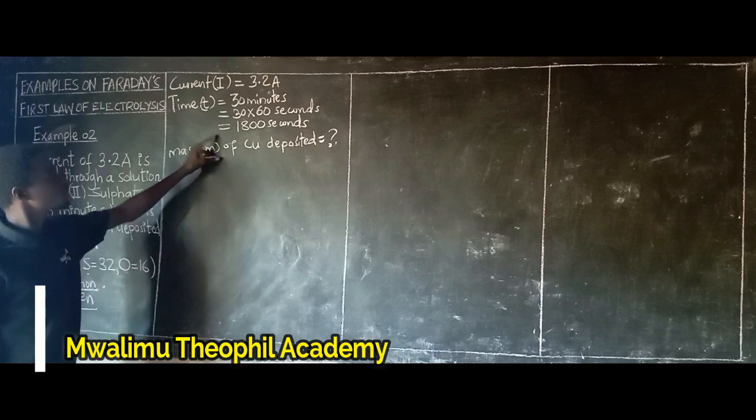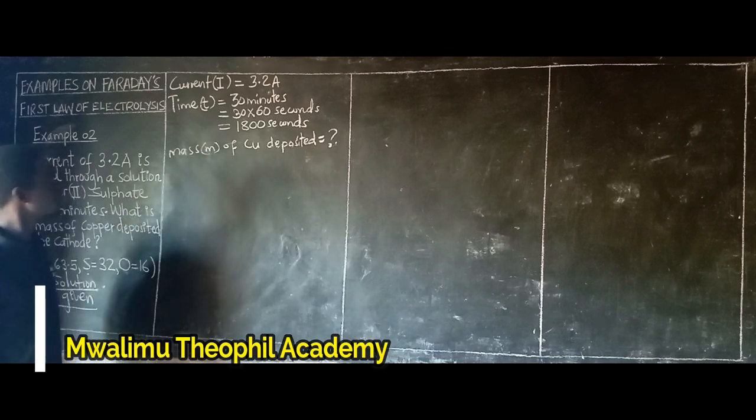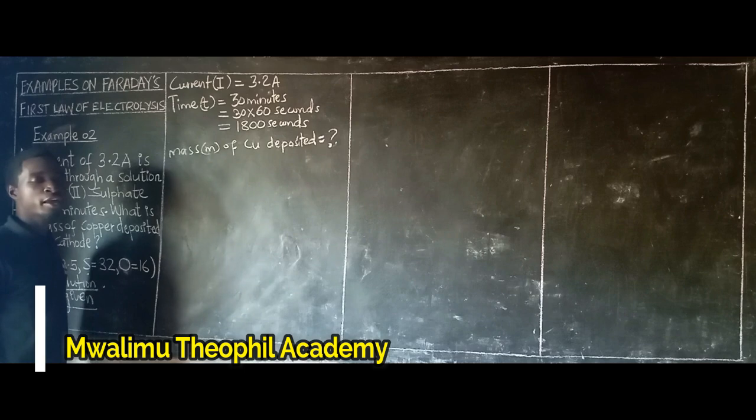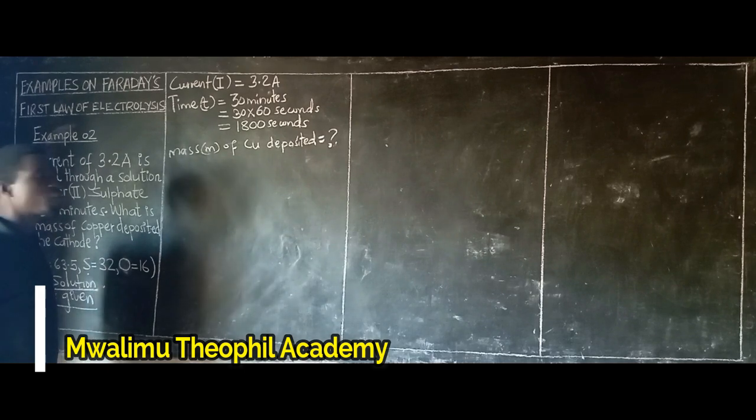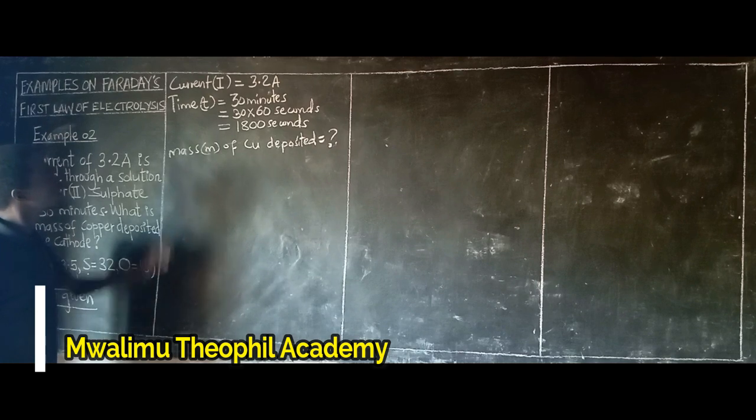I have decided to use the balanced chemical equation because we are not given the electrochemical equivalent of copper directly. So we may use these data without involvement of the electrochemical equivalent.